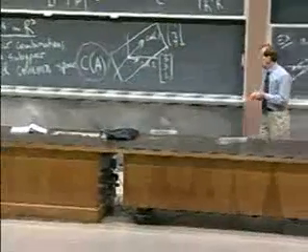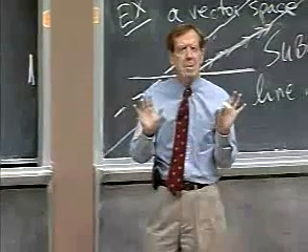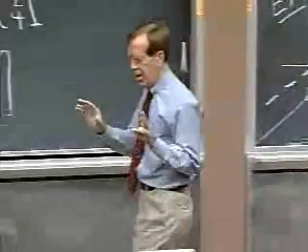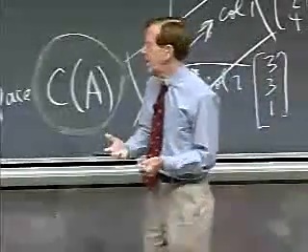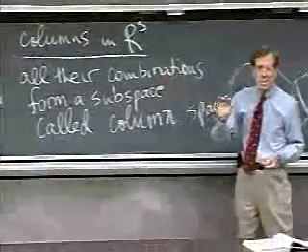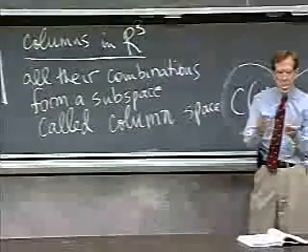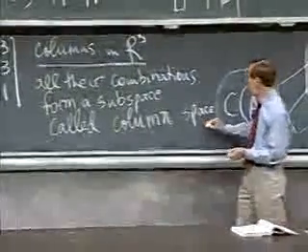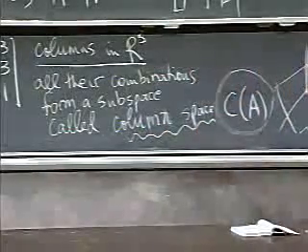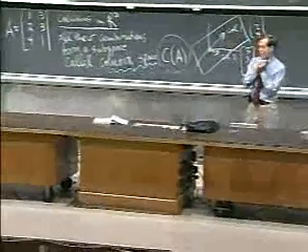Okay. I'm going to stop at that point. That's the central idea of the great example of how to create a subspace from a matrix. Take its columns, take all their linear combinations, and you get the column space. We're looking at linear algebra at a higher level.